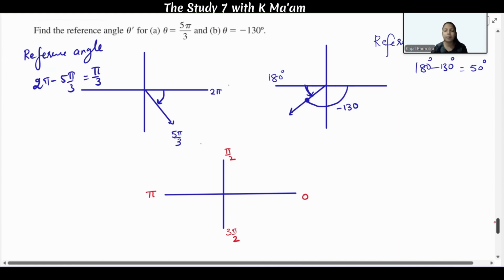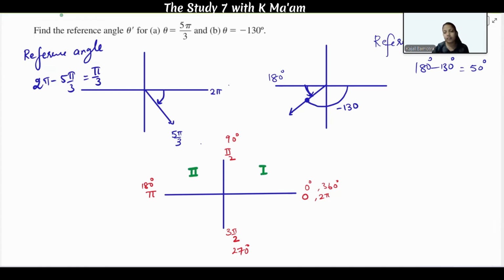And 3 pi by 2 to 2 pi is the fourth quadrant. You can write in degrees also. This is 0 degrees, and this is 90 degrees, 180 degrees, and here is 270 degrees. First quadrant, second quadrant, third quadrant, and fourth quadrant.